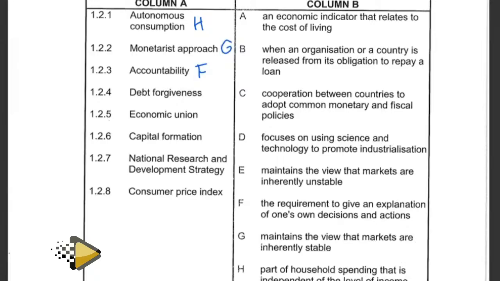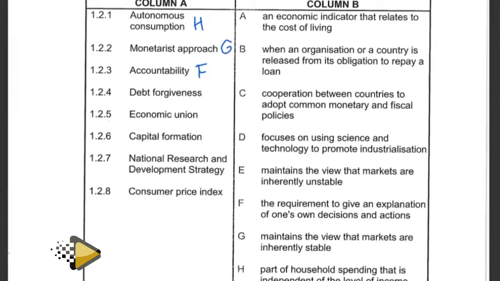So now, remember, grade 12s, as I said earlier, that whenever you are faced with this type of question, you should always make sure that you go through each and every option given in column B, or you go through each and every description given.